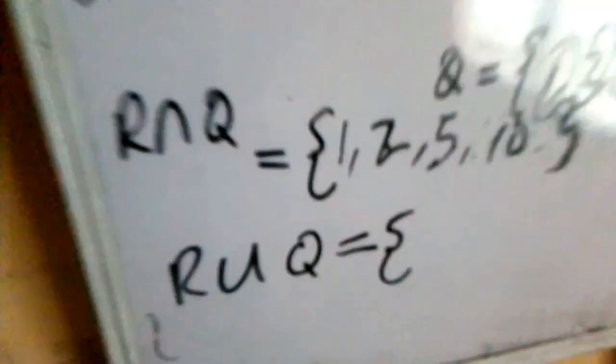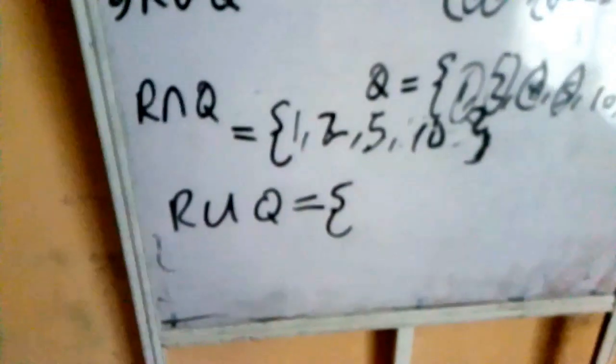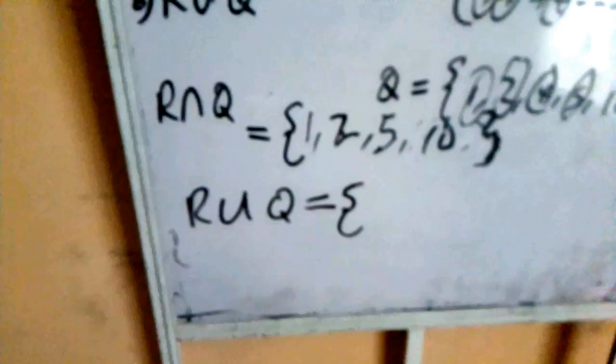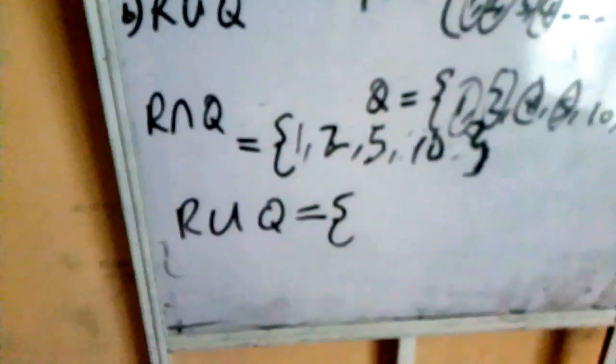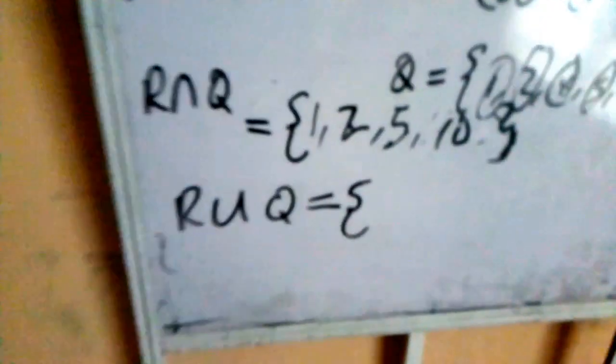So if you want to write R union Q, the elements of R union Q, it is actually the combination of the elements that belong to R and Q without any repetition.